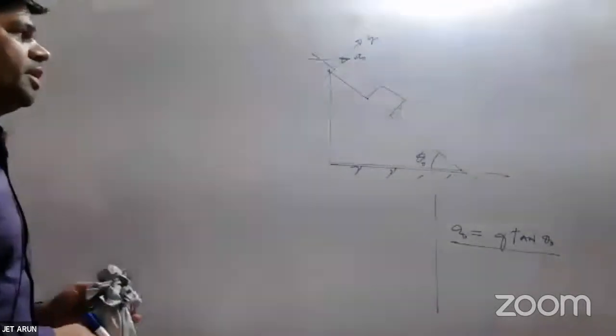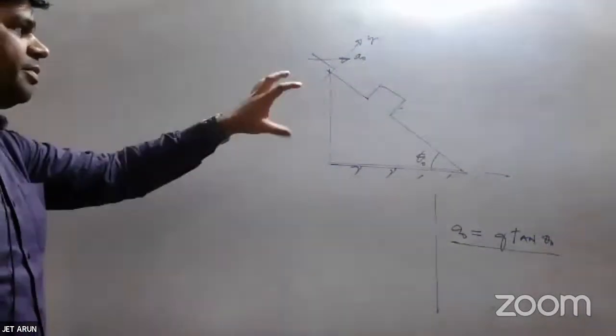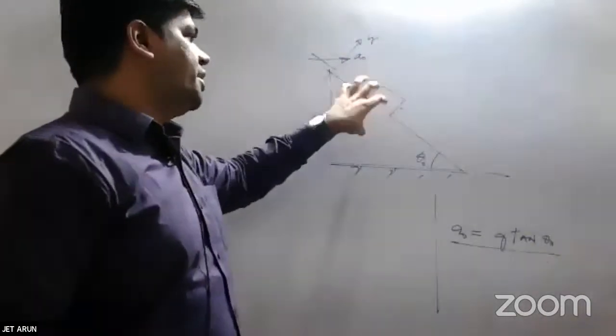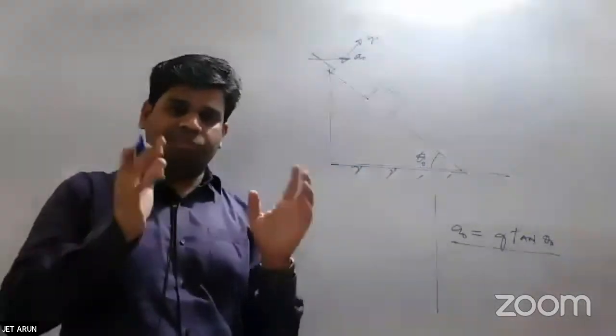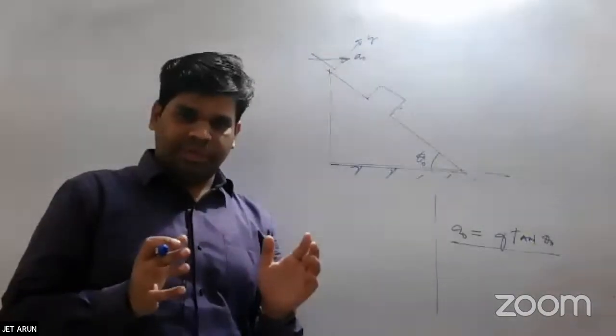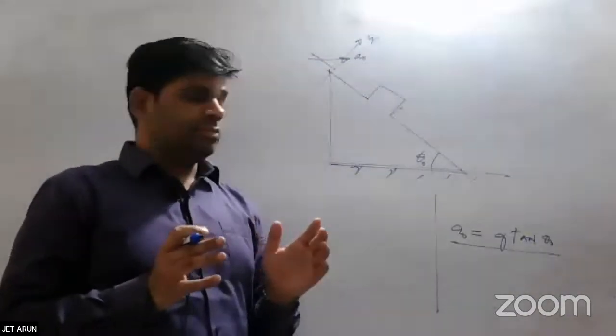They move as if they were a combined mass. Because there is no relative motion between the two, I can treat them as one block. Whenever there is no relative motion between the blocks, I can treat them as one block. Right? That's what you have been doing.